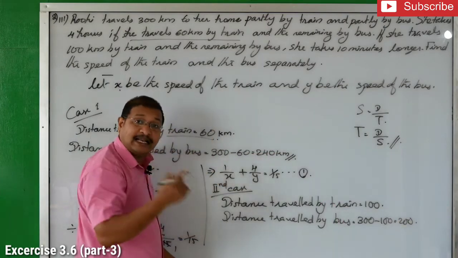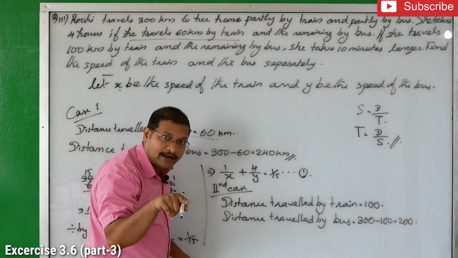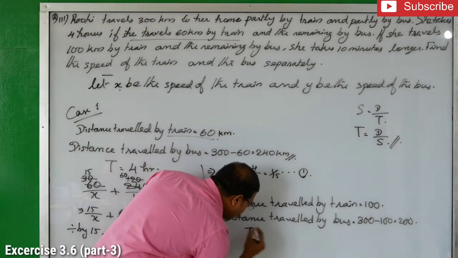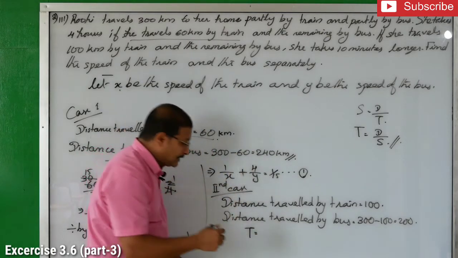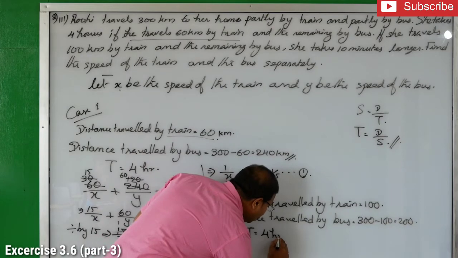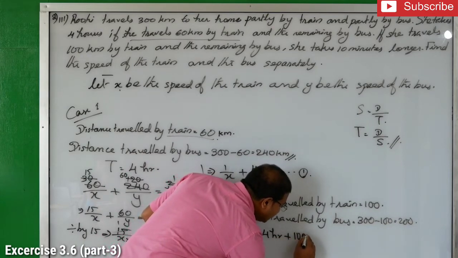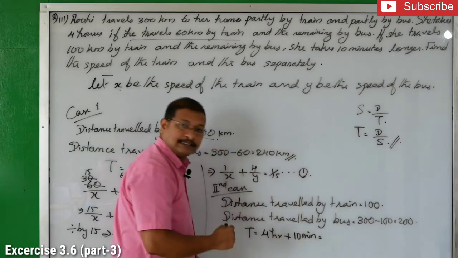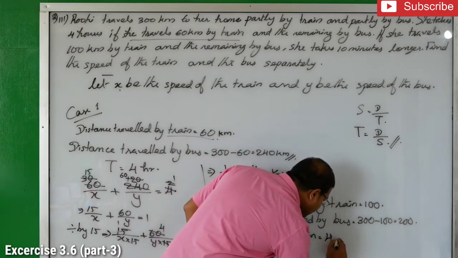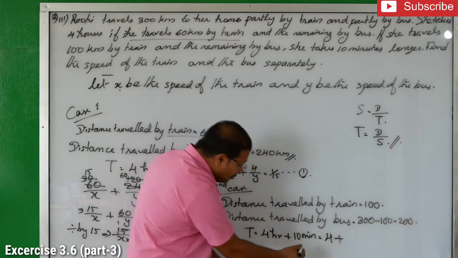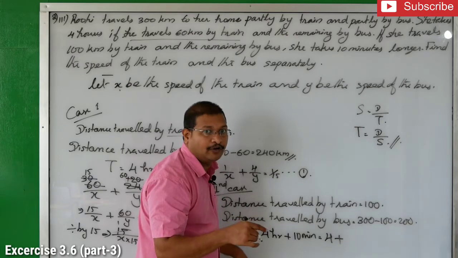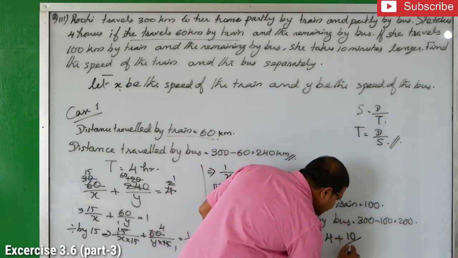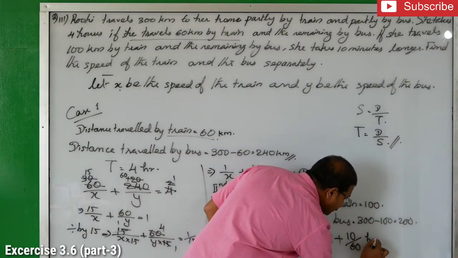See, the time is already given 10 minutes longer, isn't it? So we'll write time equals, already here 4 hours. That means we'll write 4 hour plus 10 minute equals. So what you'll do? 4 hour is already hour, so no need to convert. But the minute will convert into hour. What you'll do? Divided by 60. Then this becomes hour, isn't it?